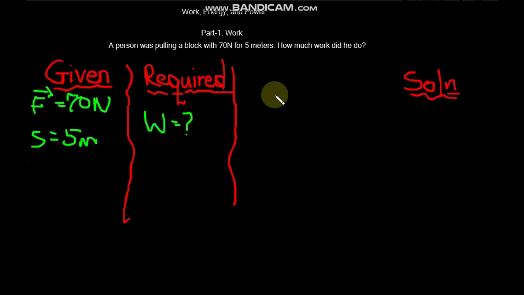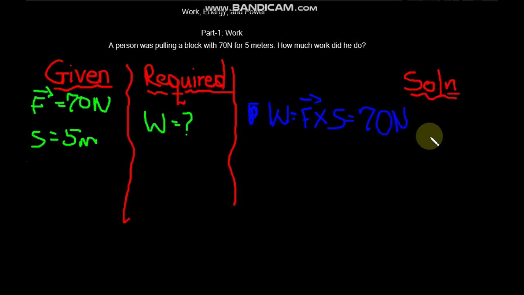So the solution is that W is equal to F times S, which is force times distance. And we said that the force was 70 Newton and the distance was 5 meters.